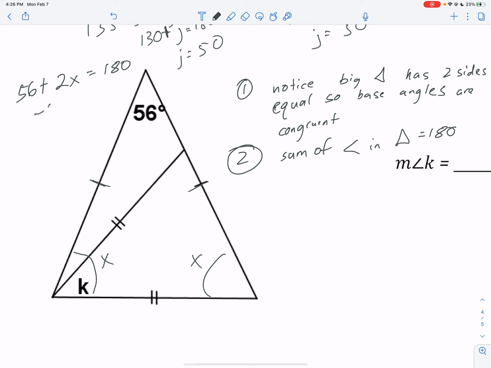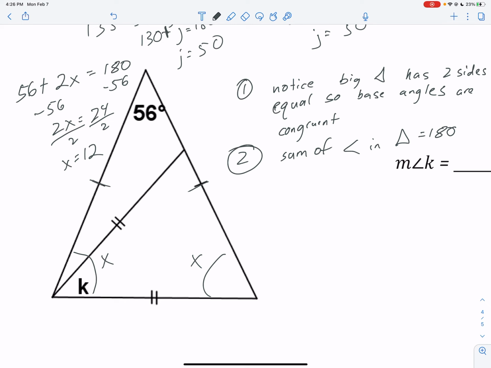If I subtract 56 from both sides, I get 2x equals 180 minus 56, which is 124. So x equals 12. Whatever x is, I don't really care what x is. Nobody wants x. Nobody cares about it. But it's 12 in this case.